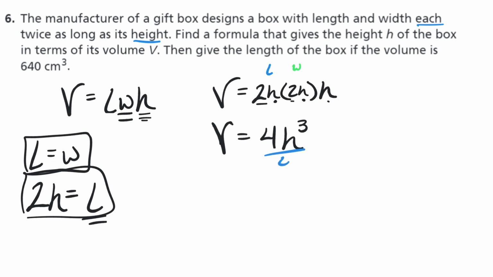We're just going to simply solve here. So we will divide by 4. So it will be the volume divided by 4 equals h cubed. And the way we get rid of a cube is with a cube root.